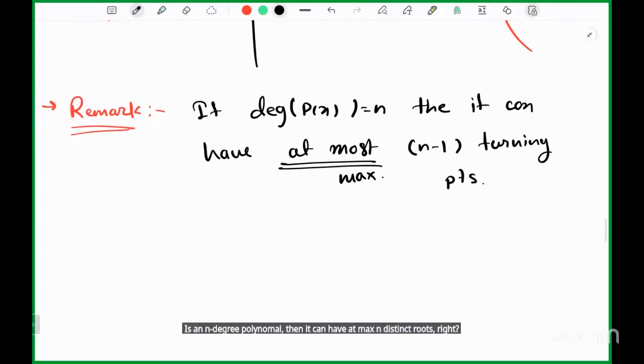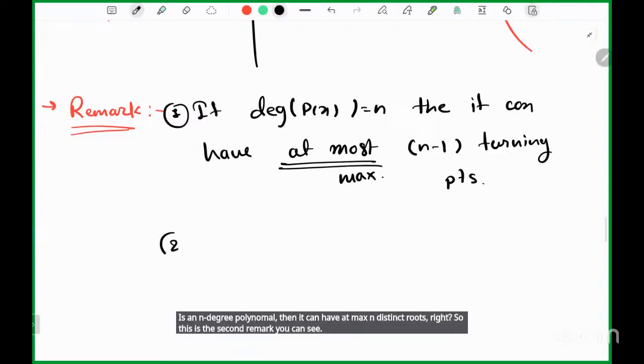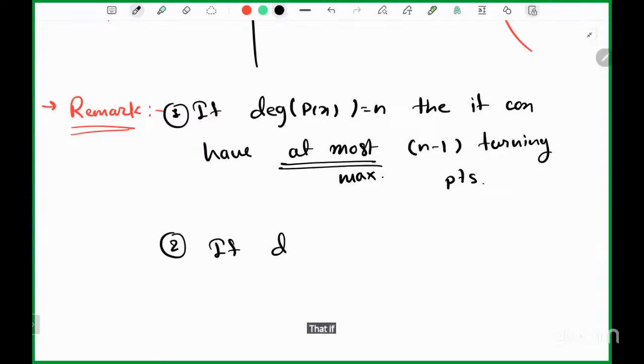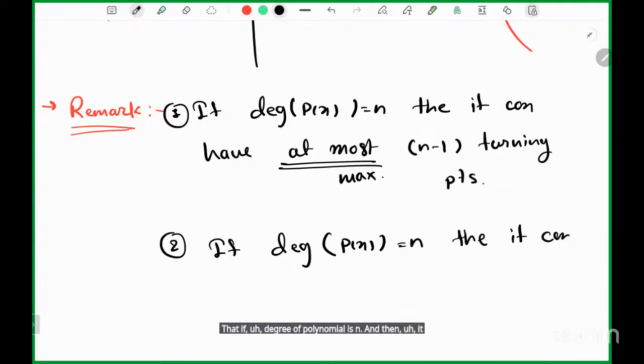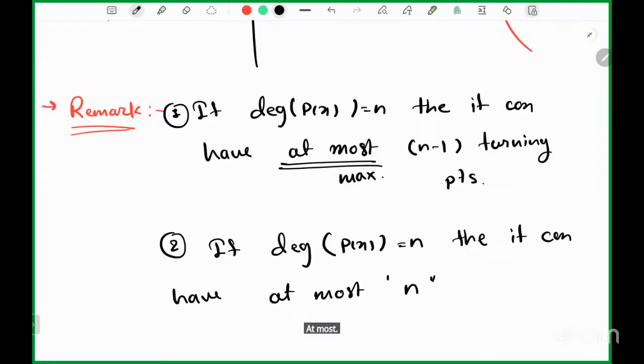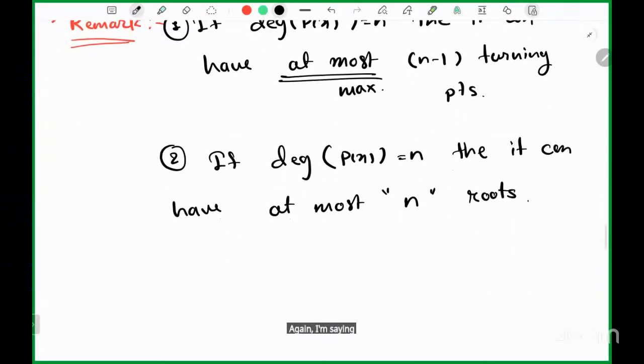So this is the second remark you can say, that if the degree of a polynomial is n, then it can have at most n roots. Again, I'm saying at most because you can simply consider the example of p of x is equal to x to the power 4, right?